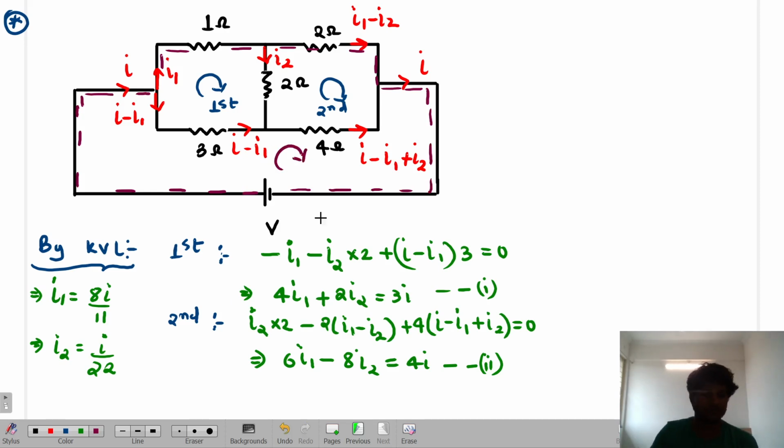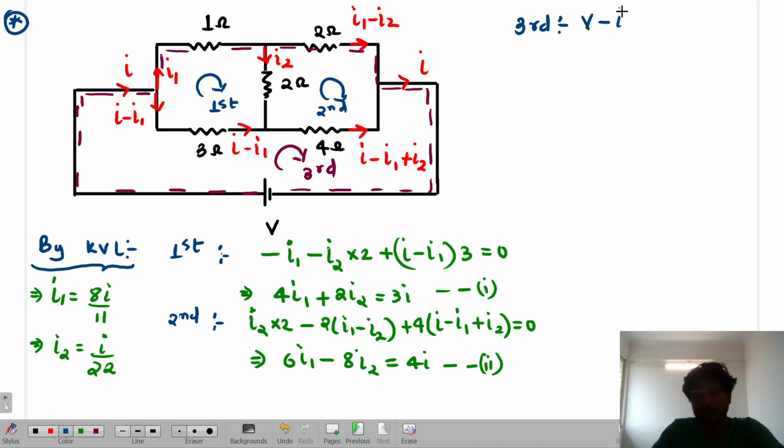Which relates what? V and I. Are you able to get me? So KVL in the third loop, because it is necessary. Because if I don't apply it, I will not get the relation between V and I, and to find R equivalent, I need to relate V and I. So what will be the equation? The current is going from negative to positive or not? So plus V. Yes, here it is in the same direction.